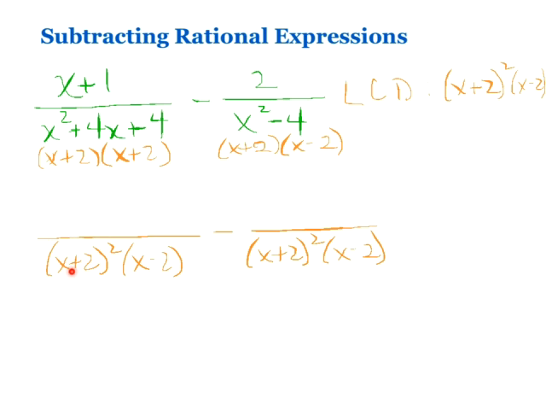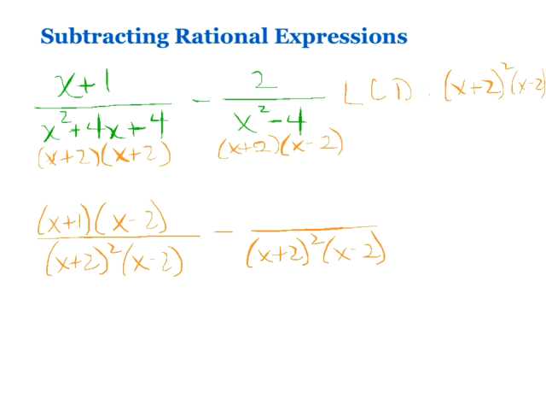The factor we're missing is the x minus 2, and so that's what we're going to have to multiply by. So the x plus 1 that we started with will be multiplied by the x minus 2 that we had to multiply by in order to get it into our new denominator.